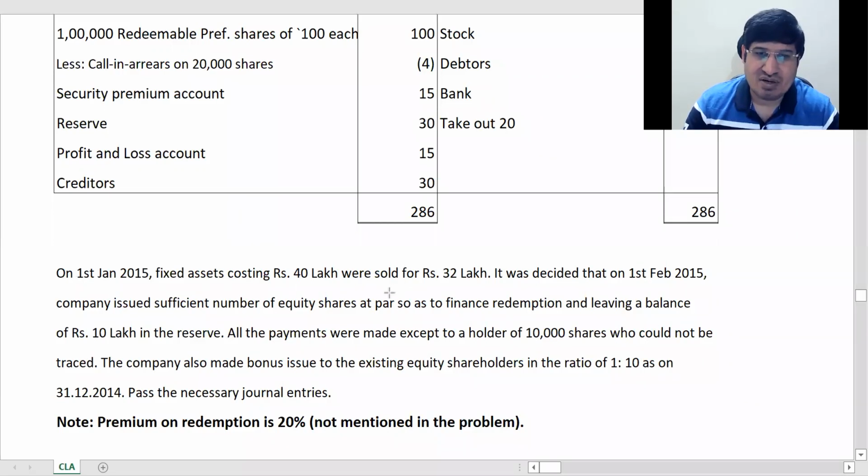ठीक है, ये क्या बोल रहा है? कंपनी इश्यूड सफिशिएंट नंबर ऑफ इक्विटी शेयर्स। सफिशिएंट मतलब आपको कैलकुलेट करना है कितना है। You have to calculate how much equity shares are issued at par.